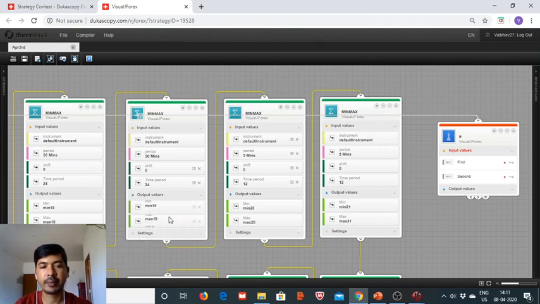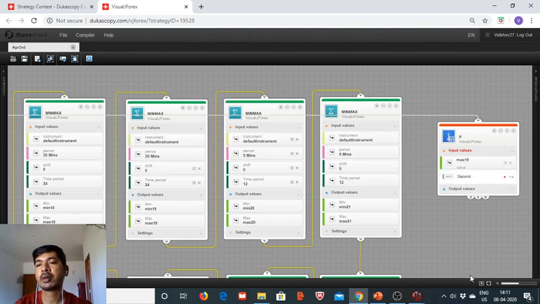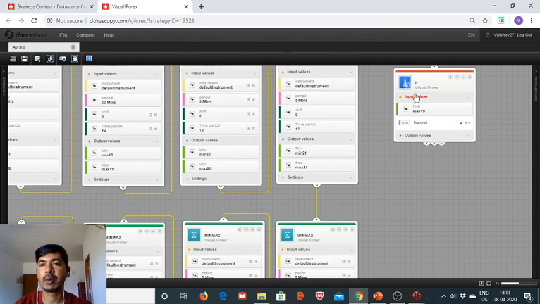We compare it to the prior maxima value.